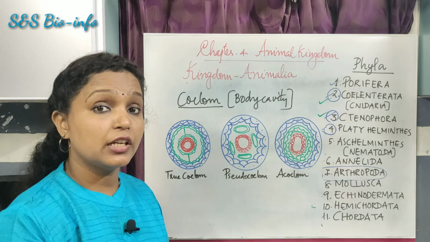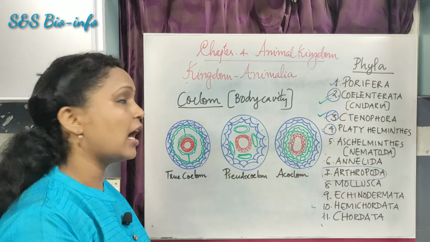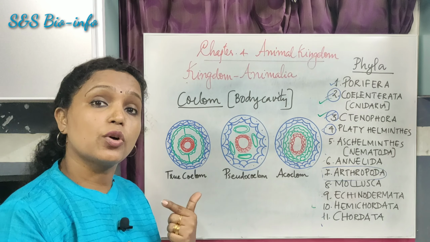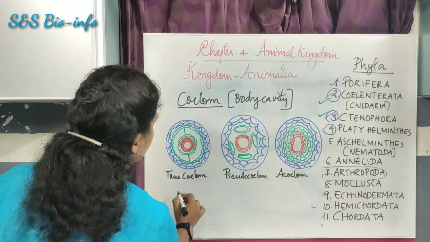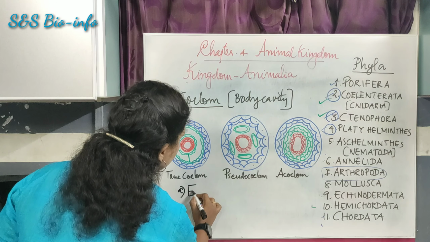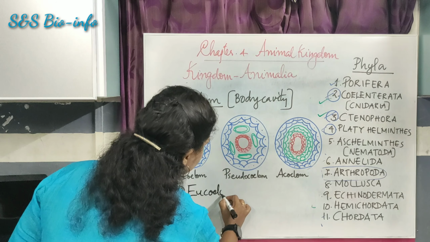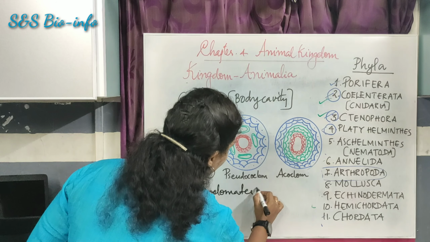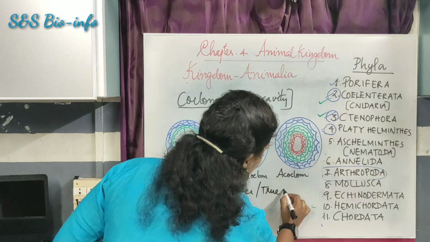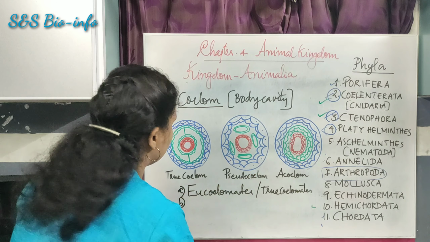Based on the nature of coelom, animals are classified as eucoelomates or true coelomates. Okay, the second category are pseudocoelomates.